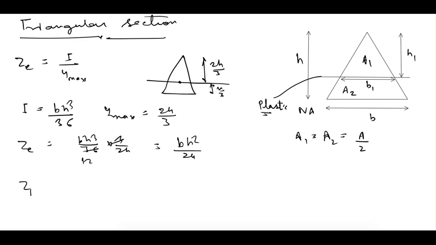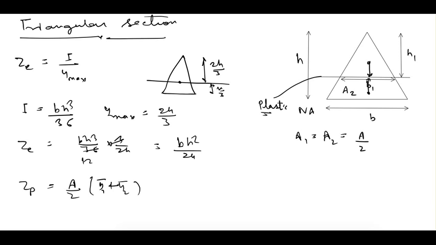And for Z plastic we know it is equal to A by 2 into y1 plus y2. Now y1 here is the distance of centroid from this neutral axis, and y2 here would be this distance, that is the distance of centroid of this part from this neutral axis.